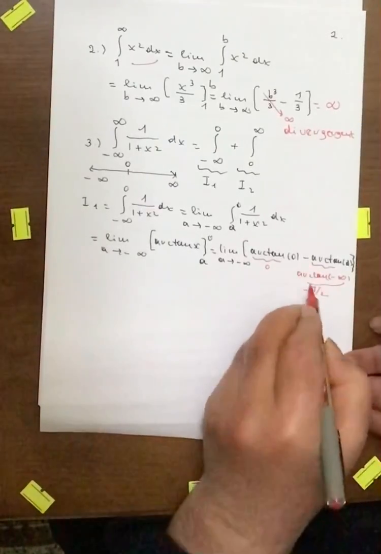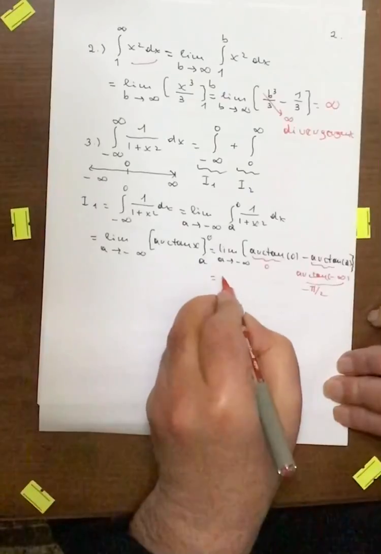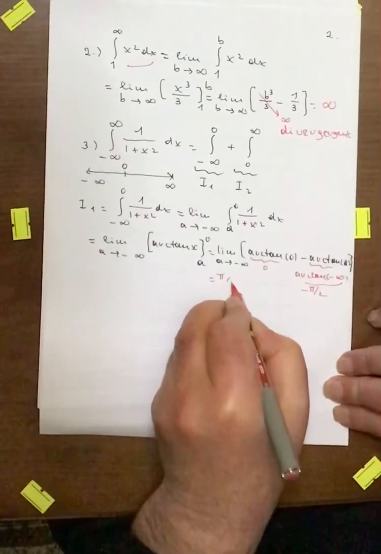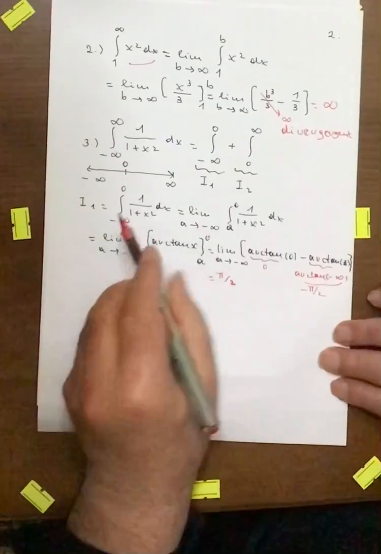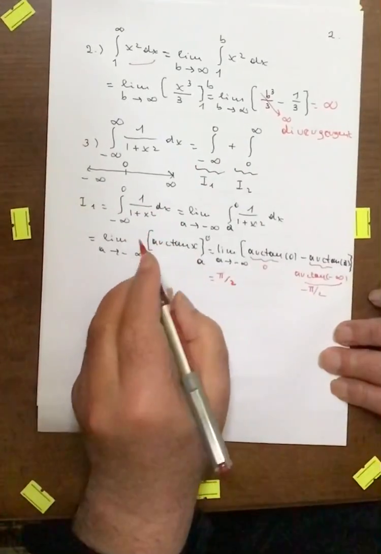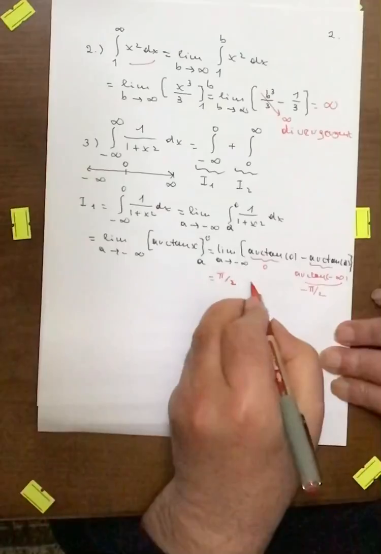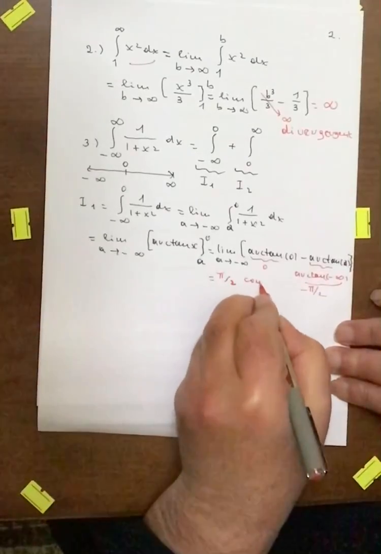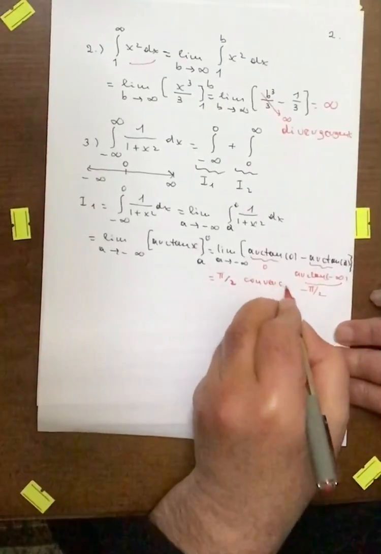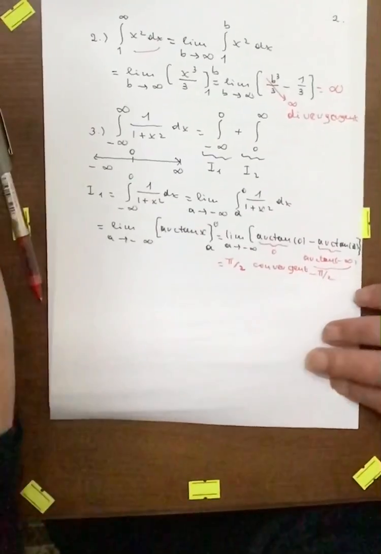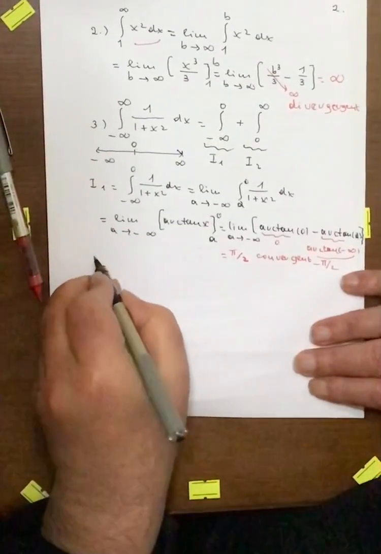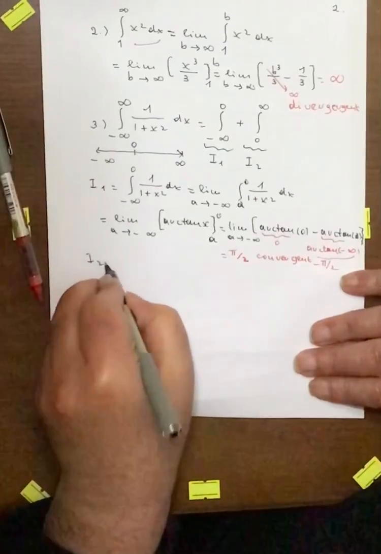We have another minus, and so our result is pi over 2. This first part is convergent.